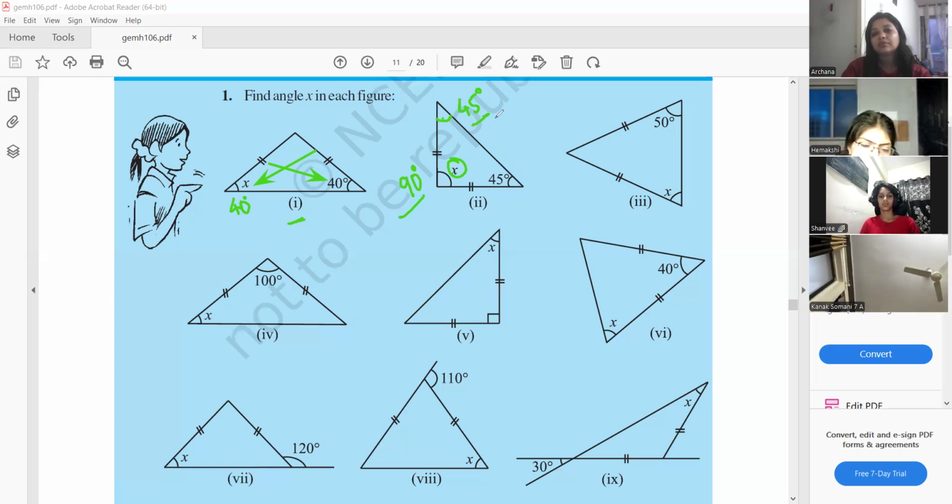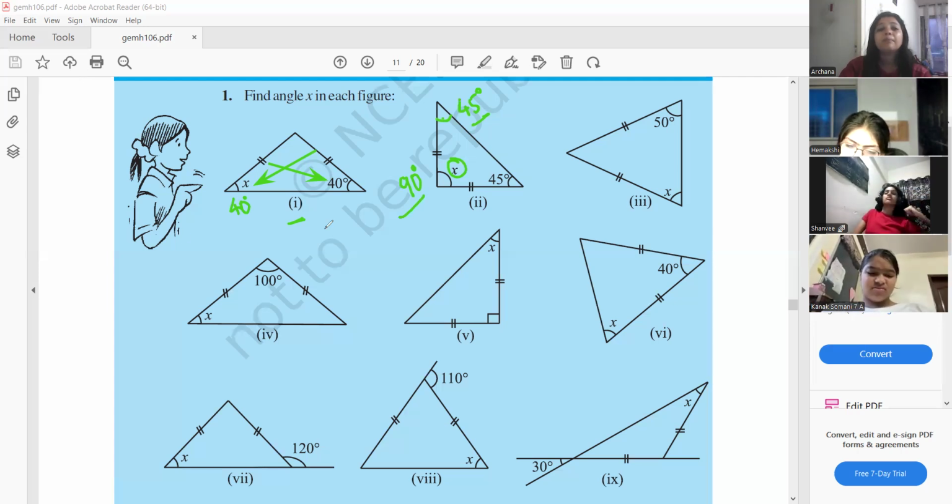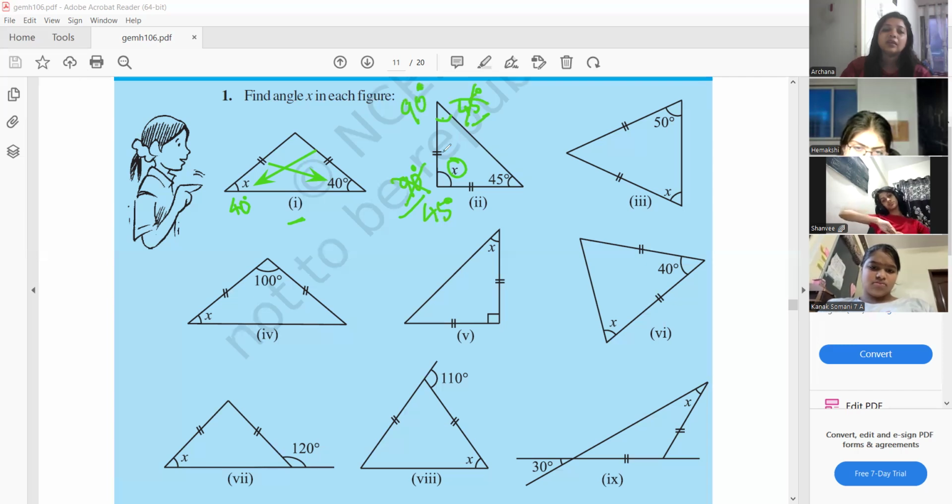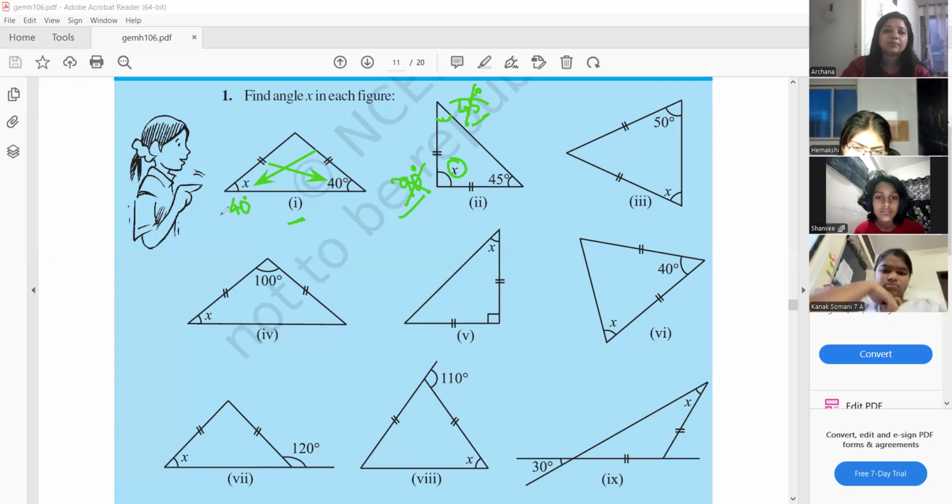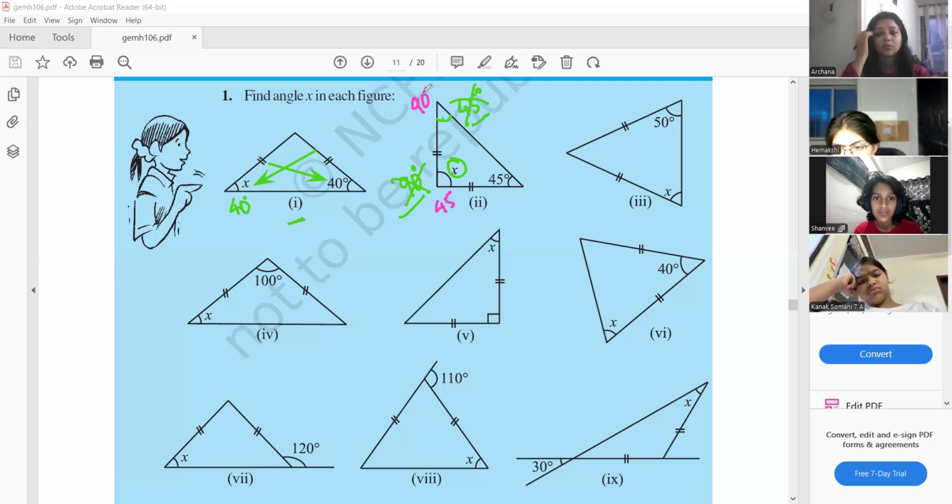Yes, ma'am. She is correct. Why? Because 45 plus 45 equals 90. I disagree with this. I think this should be 45 and this should be 90. Now choose which is the correct pair. If I take this as 45 and 45 and this as 90, this will also be possible.